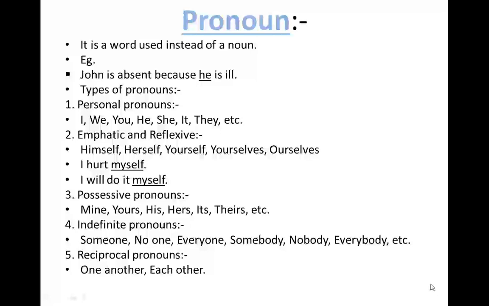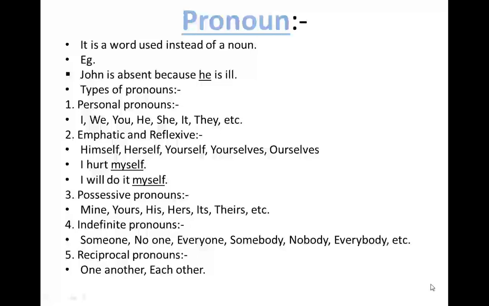Another thing that you should remember over here is if you omit this word myself, it will give you the same sense. I will do it. Obviously, I will do it, but to emphasize on it, I have added myself with it. And in the case of reflexive sentence, I heard.